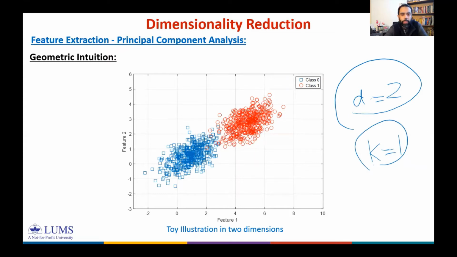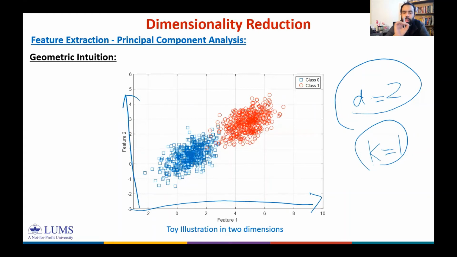Okay, what is PCA doing, right? So PCA generates two directions. Data is in R2, and these are the natural bases: we have the x-axis and the y-axis.